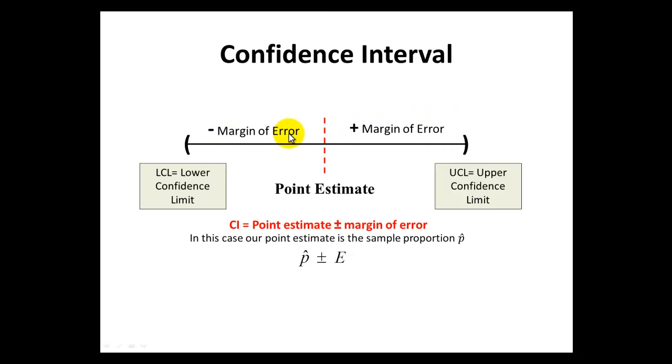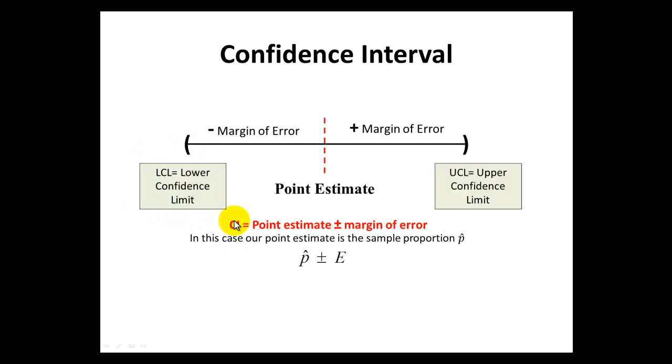It's what we consider the maximum likely distance between the point estimate and P, or in our case the population proportion. You can see we're going to reach out to the right. We're going to go as far as this value here, which we call the upper confidence limit. We're going to go to the left and go as far as this value to the left, which is called the lower confidence limit.